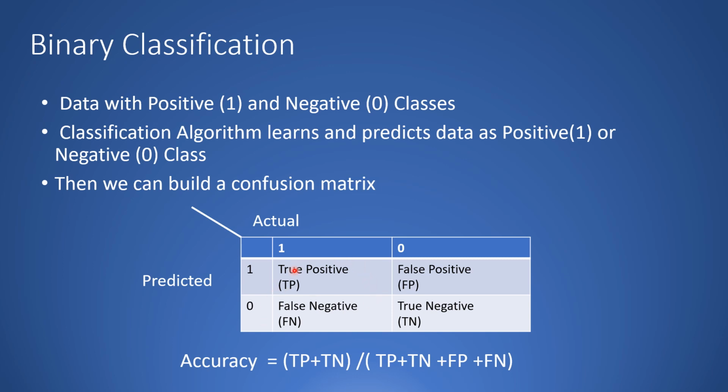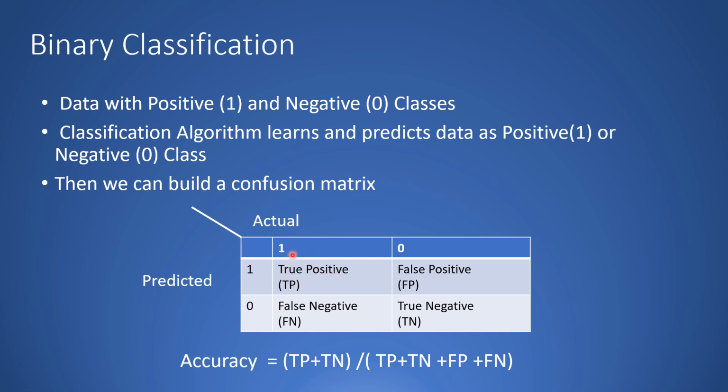So what is a true positive over here? A true positive is a sample which was actually positive and is predicted as positive. A false negative is when a sample is actually positive but predicted as negative. For example, if a patient has COVID and is predicted as COVID, then it is a true positive.